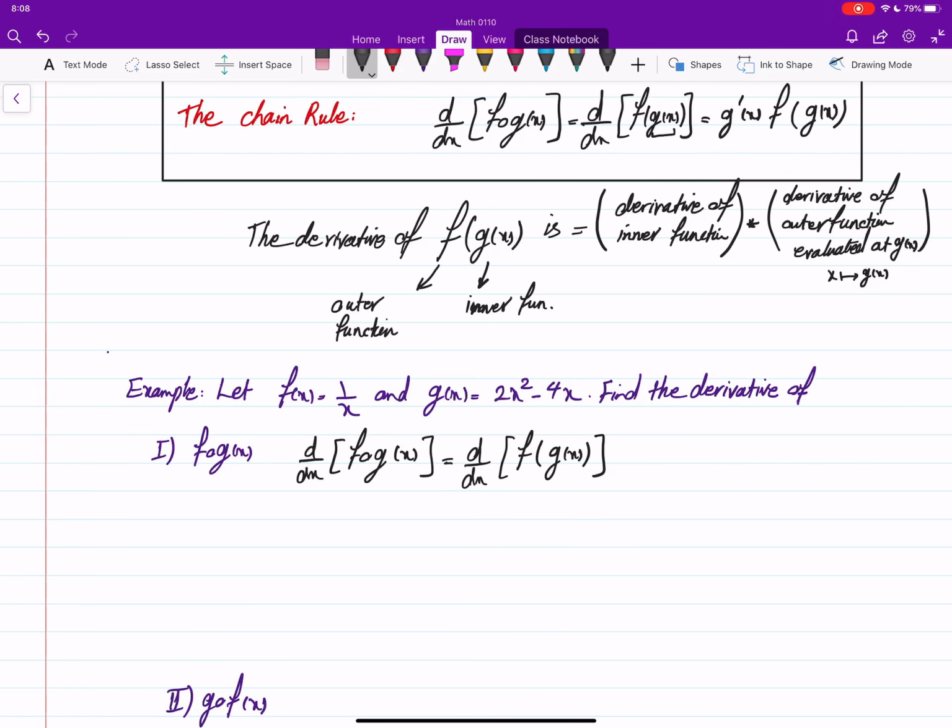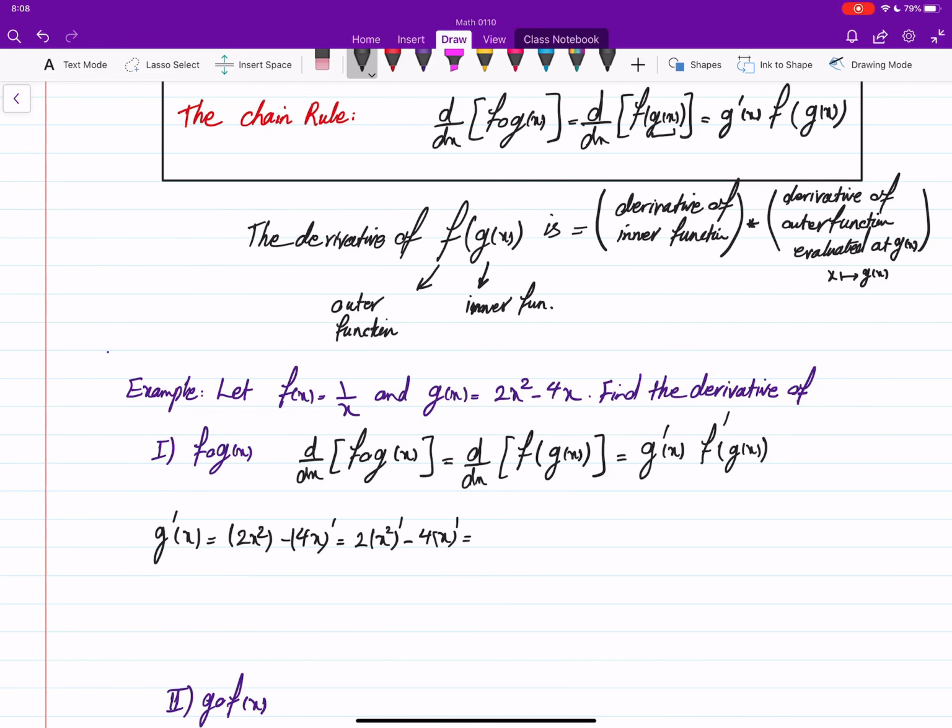And the chain rule says what? We have to find the derivative of the inner one times the derivative of the outer one evaluated at g(x), not x. So then I need to find g prime of x. Well, it is the derivative of a polynomial, so you differentiate and subtract, then the constant multiple rule.